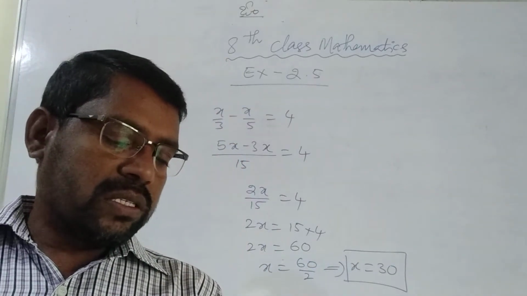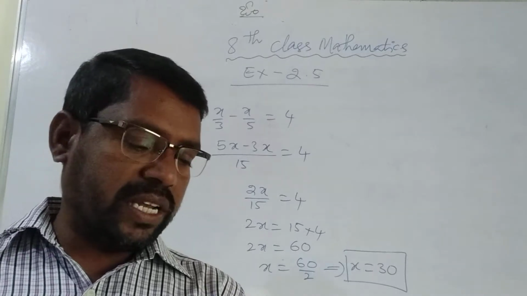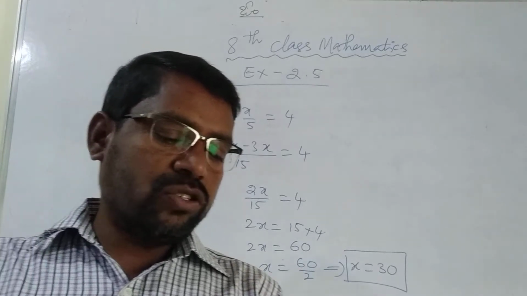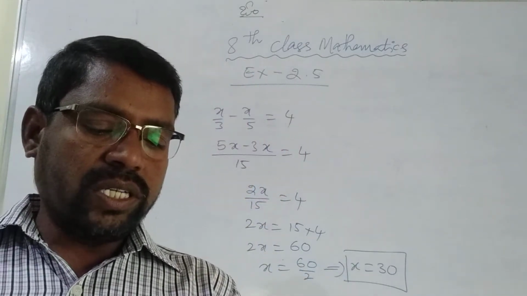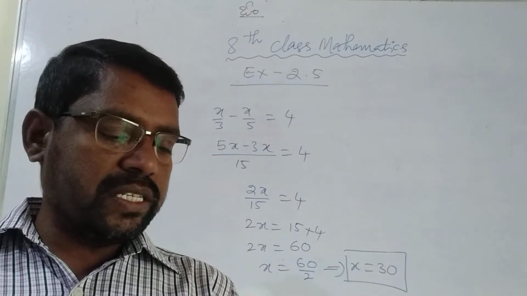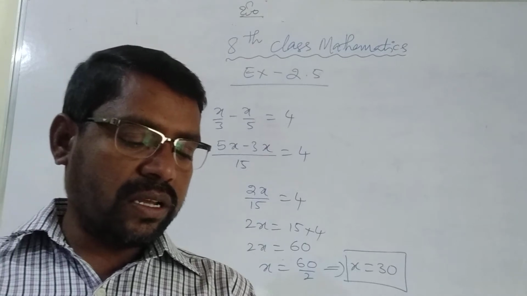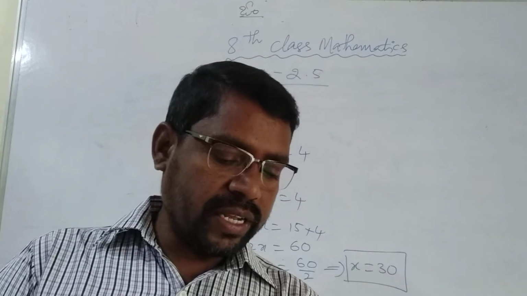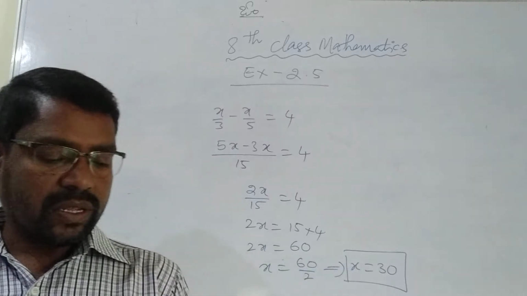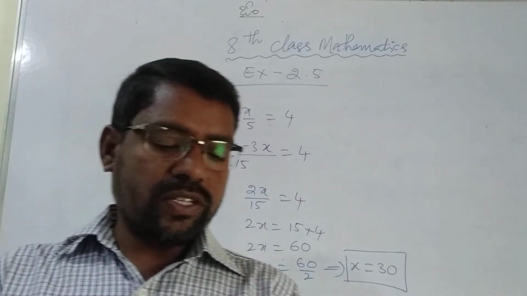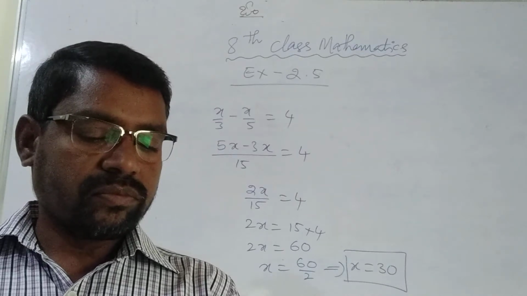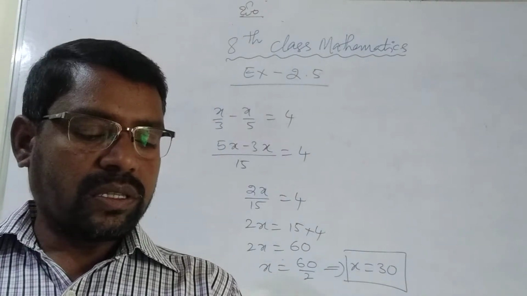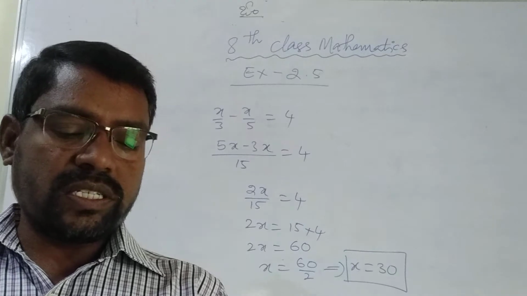Now see the question number 3 in your text. The difference between two positive integers is 36. The quotient when one integer is divided by the other is 4. Find the integers. So the difference between two positive integers is 36.